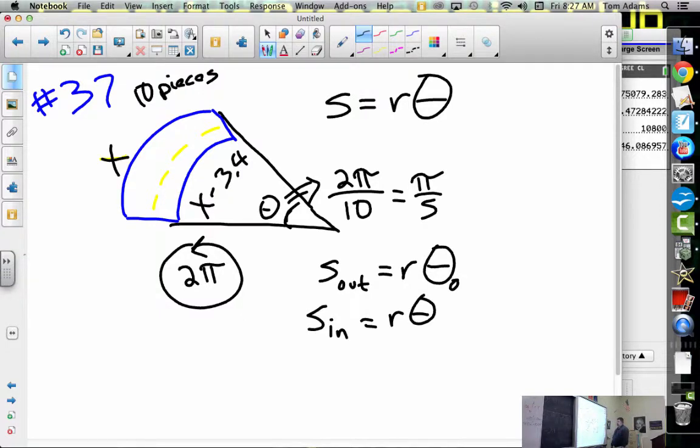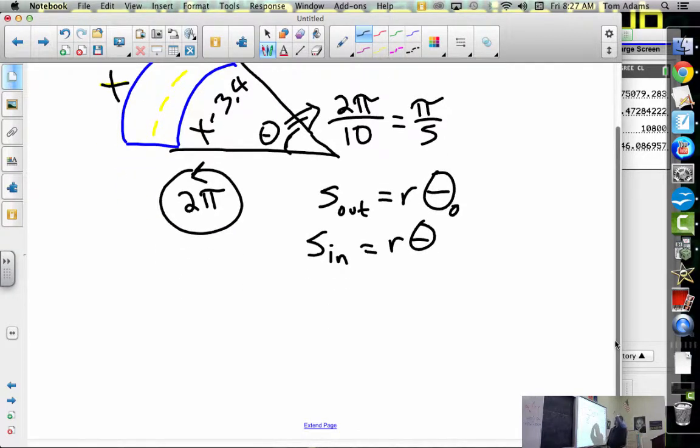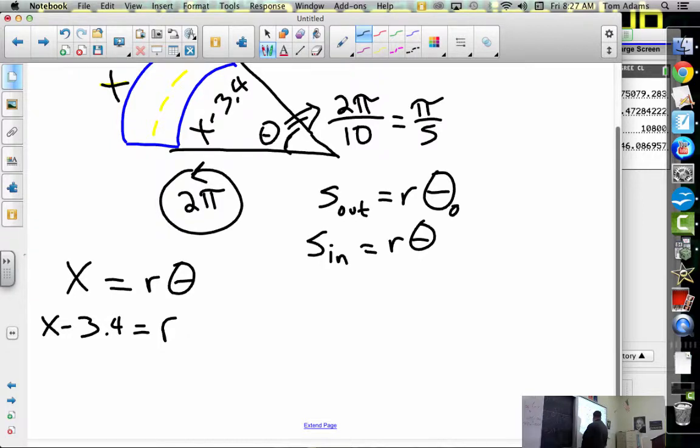Does that make sense? So what is the length of the outside arc length? We've got two equations. We've got x is equal to r times theta, and then we have x minus 3.4 is equal to r times theta.